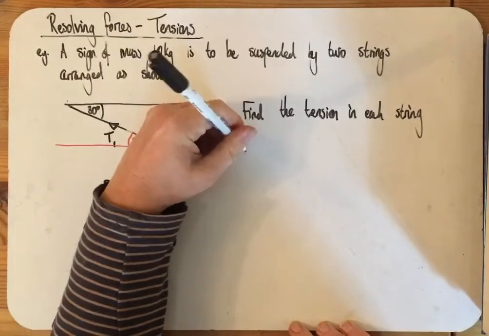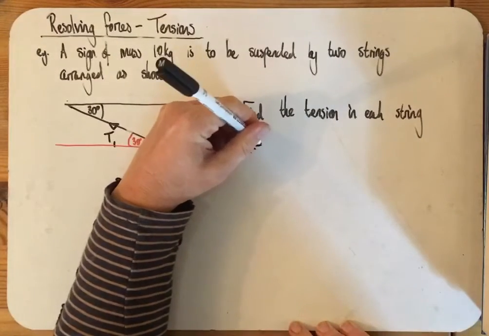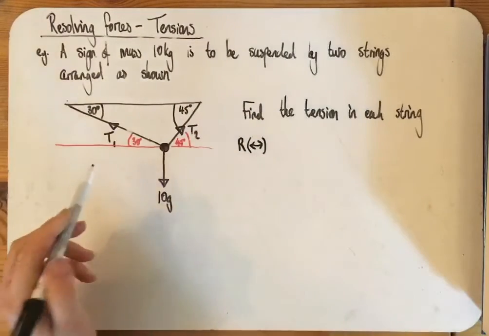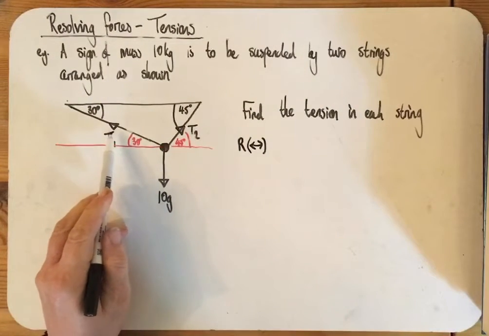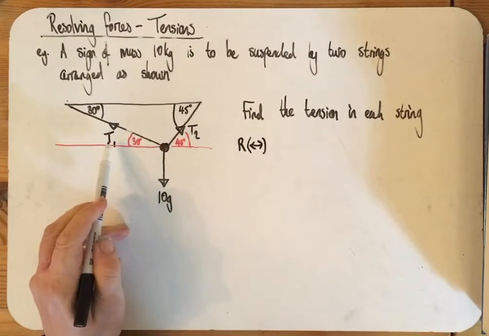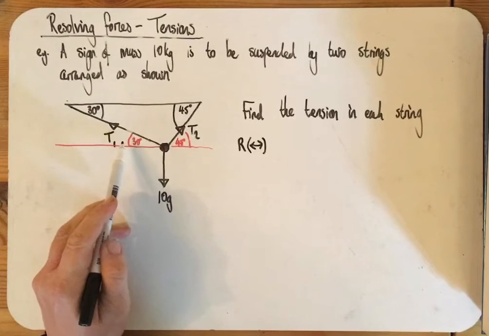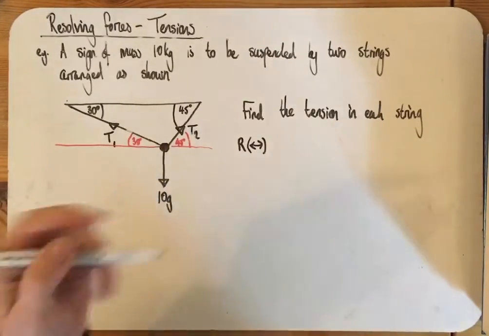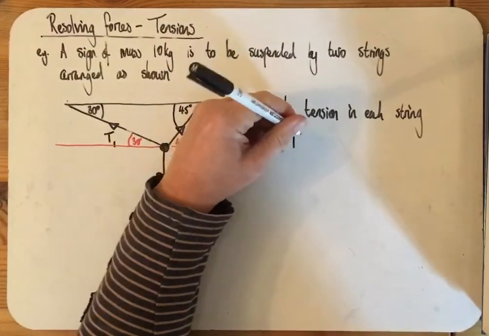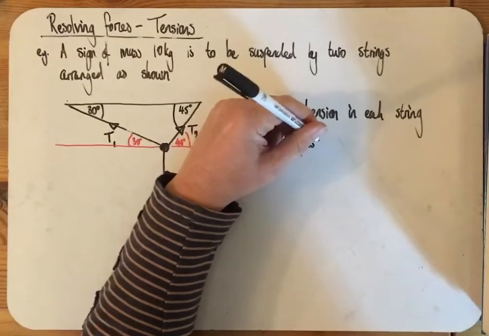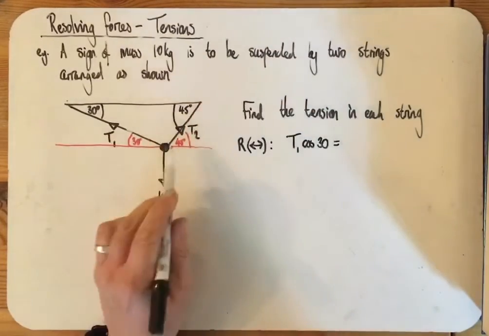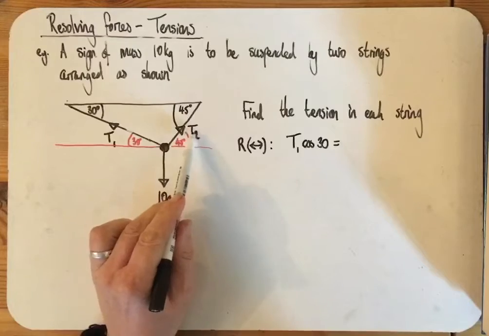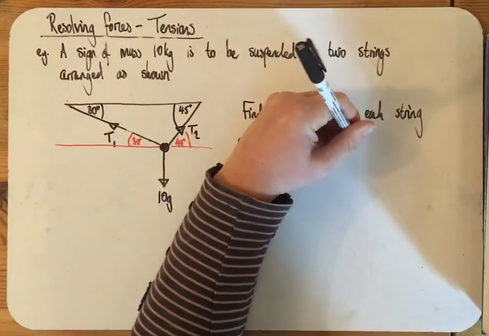So resolving horizontally to start with. T1, it's in equilibrium. I didn't say that. So I think you'd expect it to be in equilibrium, but anyway, it is. So T1 cos 30, we're looking for the adjacent each time, is equal to T2 cos 45.